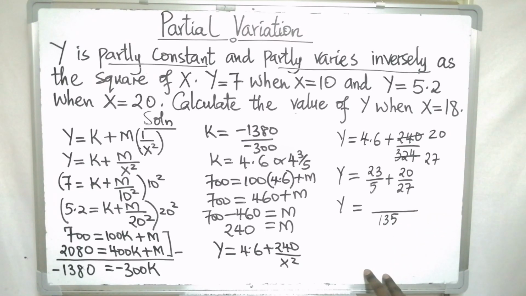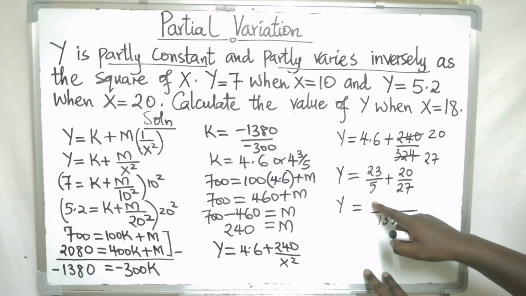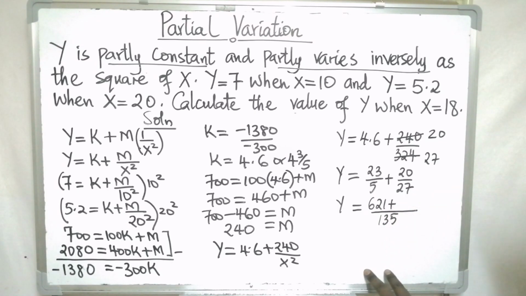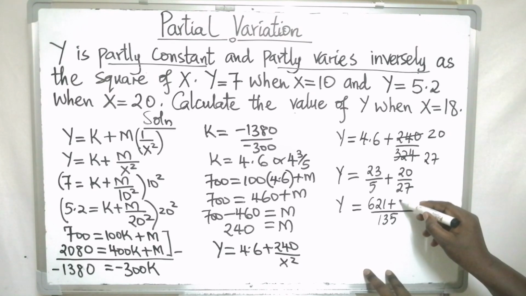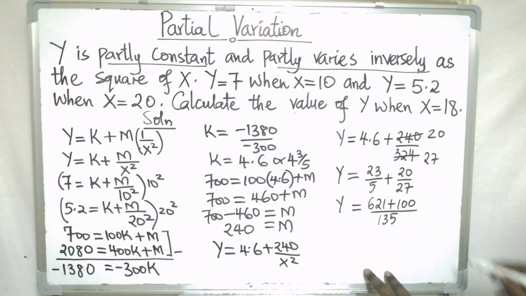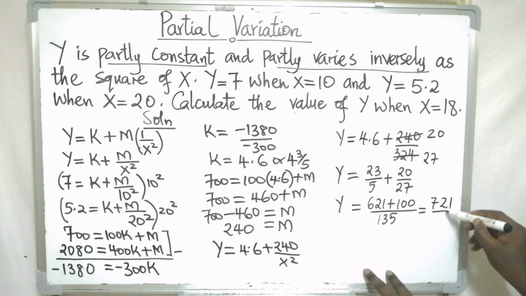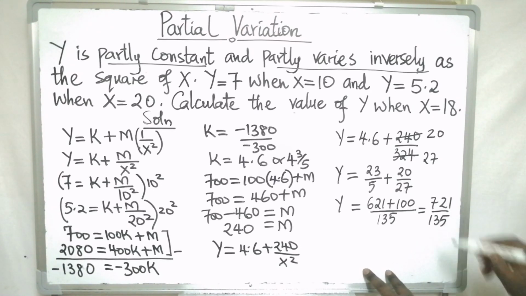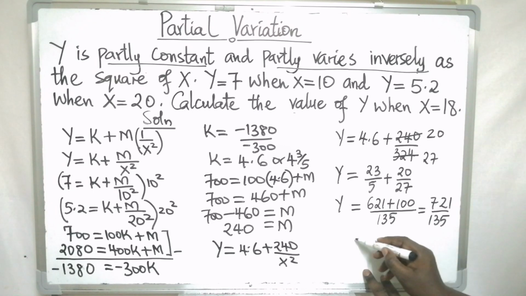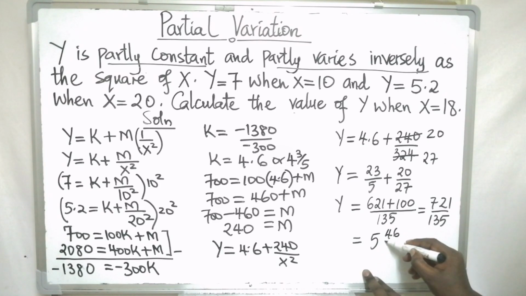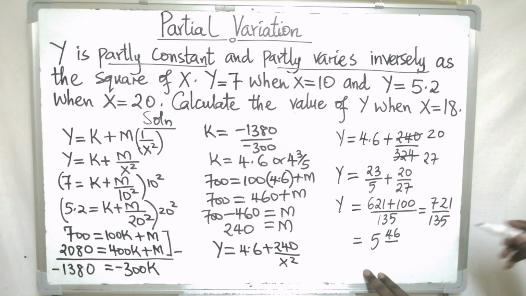So we're going to have 621 plus 100, and this gives us 721 divided by 135, which gives us our answer as 5 and 46 over 135.